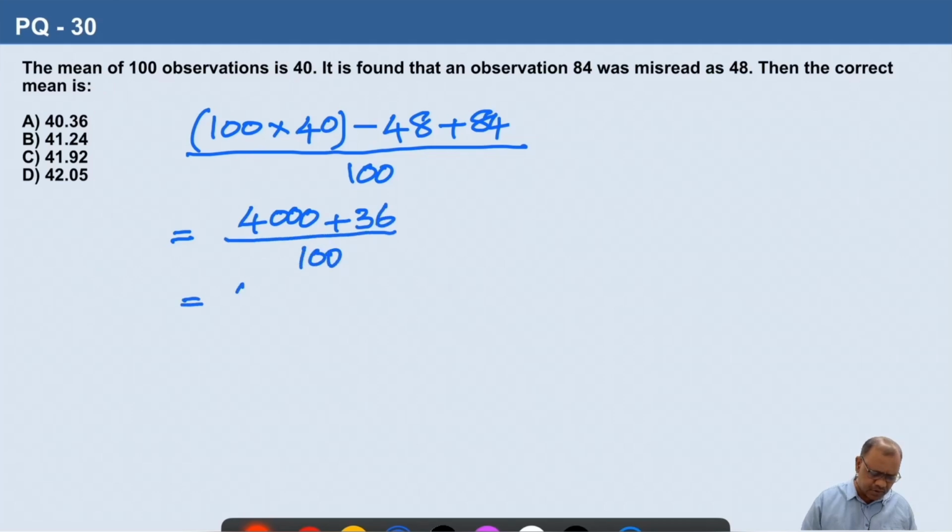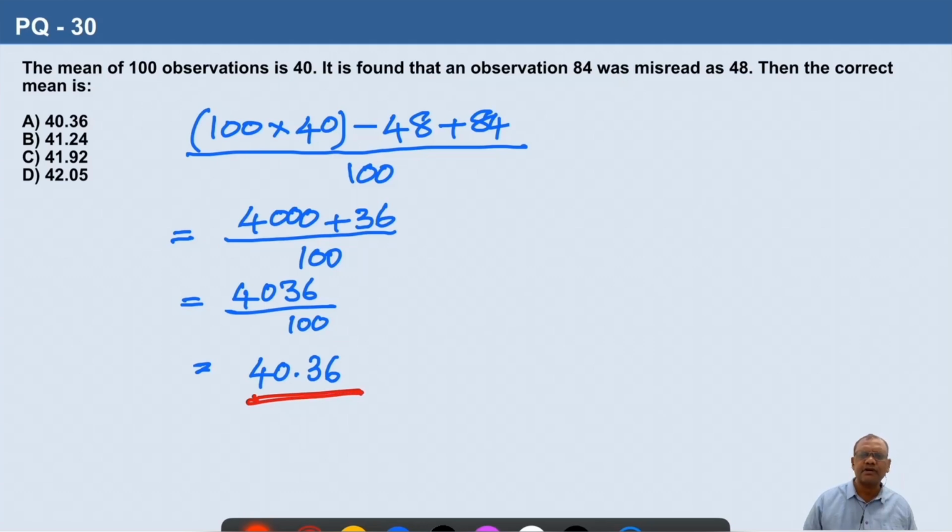So that is 4036 by 100. If you write it in decimals, 40.36. So this is the new average. 40.36 is the correct mean. Option A is the right answer.